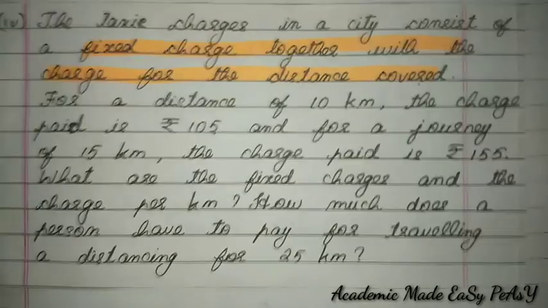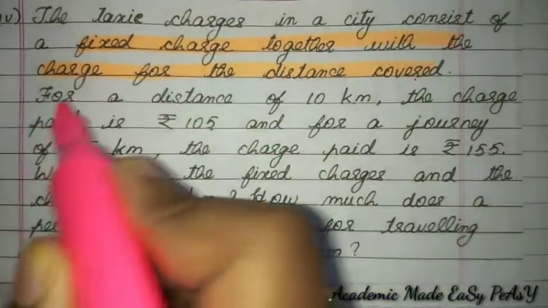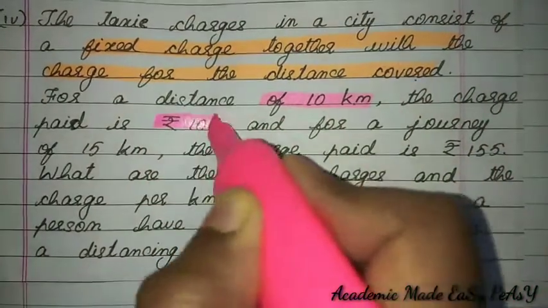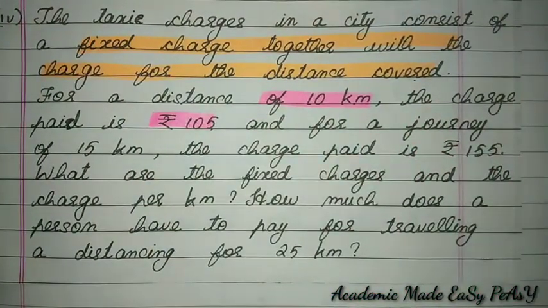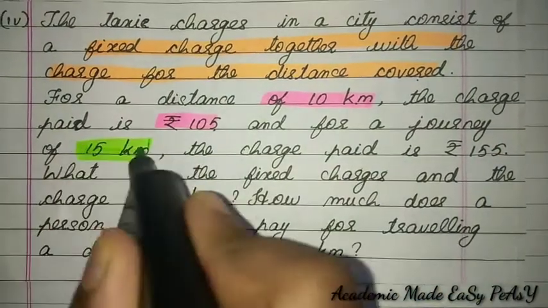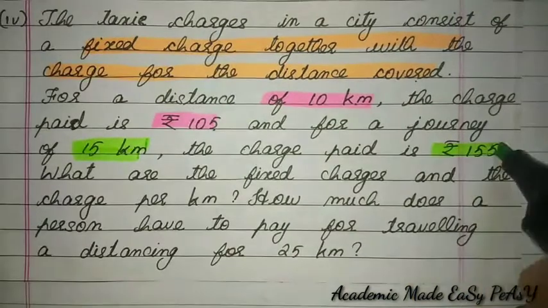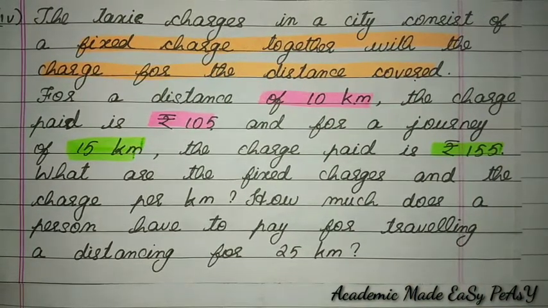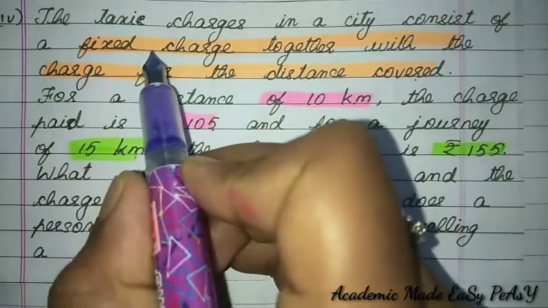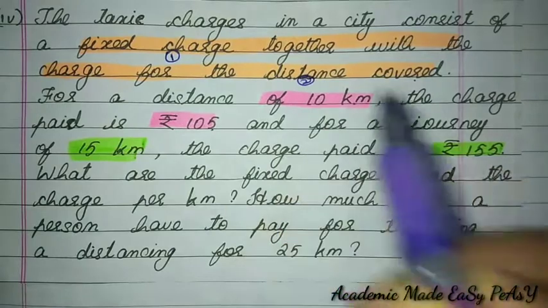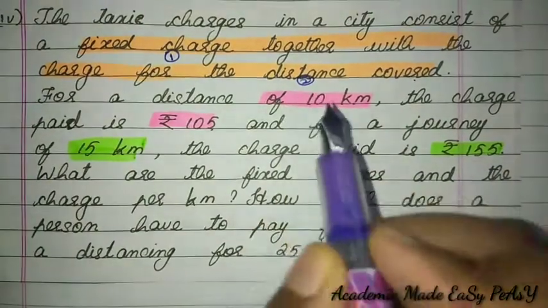In the next statement, they are saying that for a distance of 10 kilometers, the charge is 105, and for a journey of 15 kilometers, the charge paid is 155.